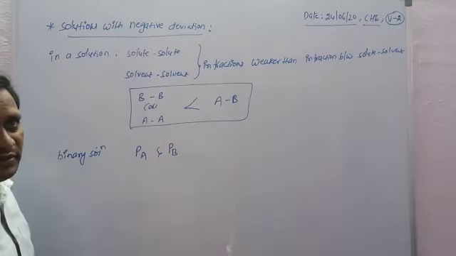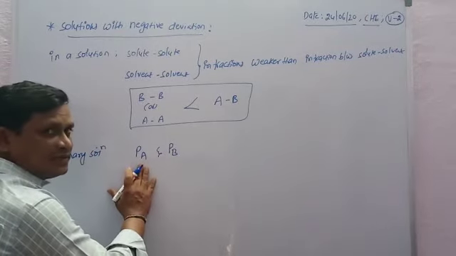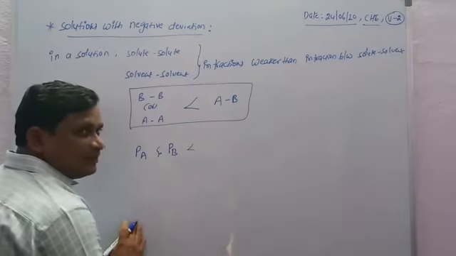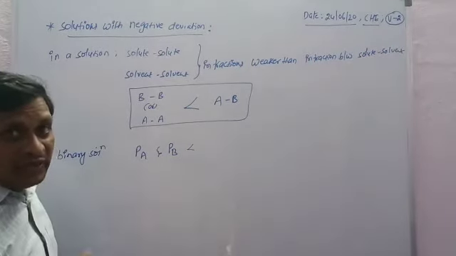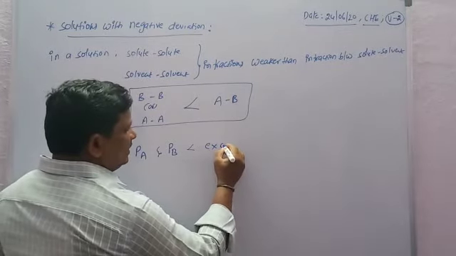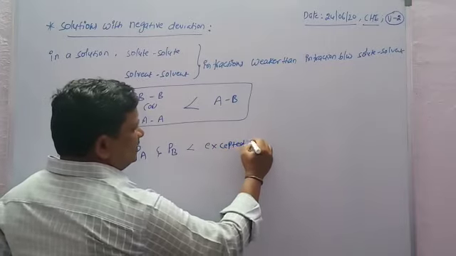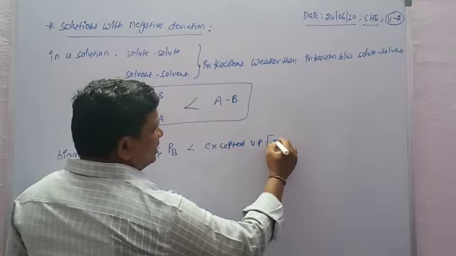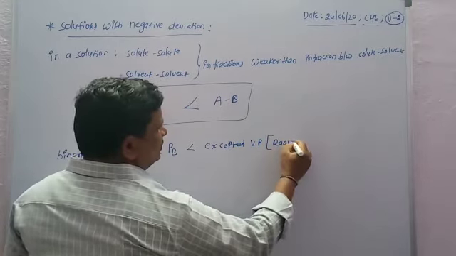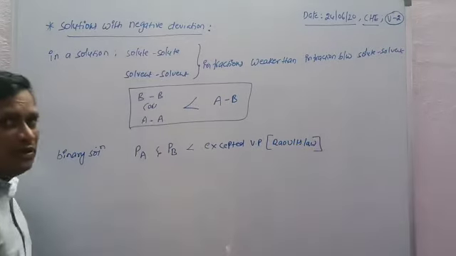The vapor pressure of the solution is less than the expected vapor pressure with respect to Raoult's law.